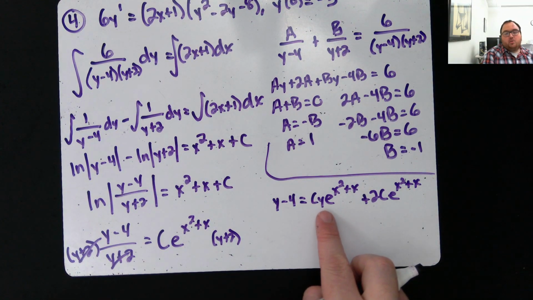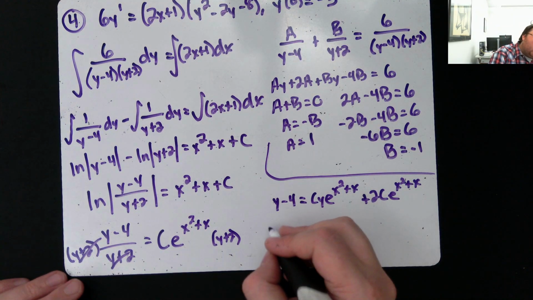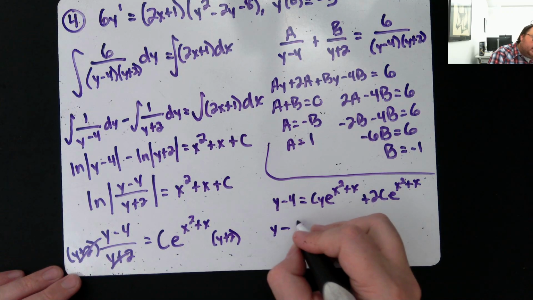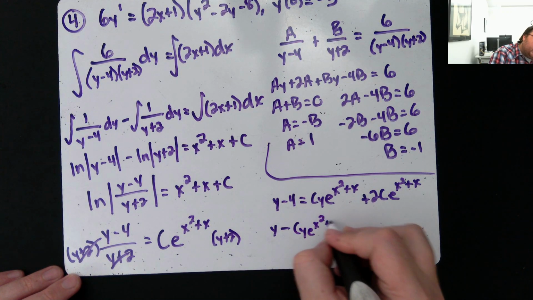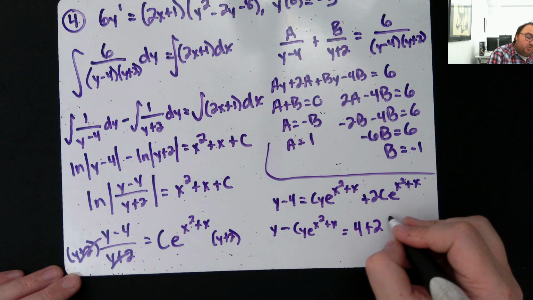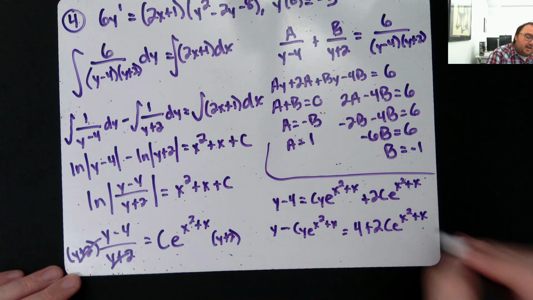Move all the y terms to one side. I would want to move this term over there because it has a y: y minus cy e to the x squared plus x. Add 4 over here, gives me 4 plus 2c e to the x squared plus x.